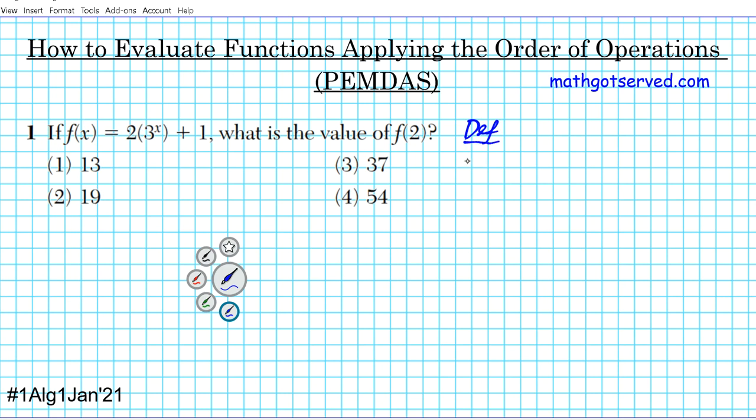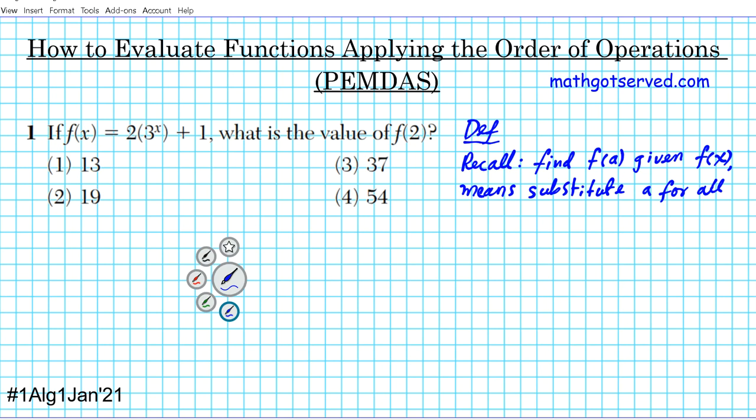So something that you have to remember, so recall, if you're asked to find f of a and you're given a particular function, f of x, that basically means something pretty straightforward. It means that you're to substitute a for all the x's.